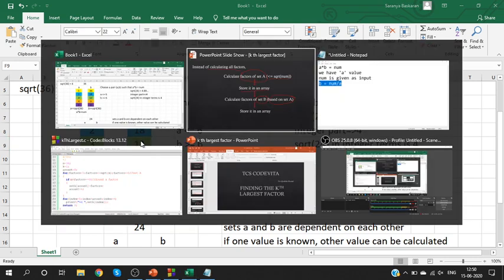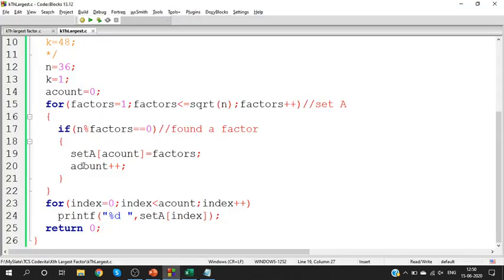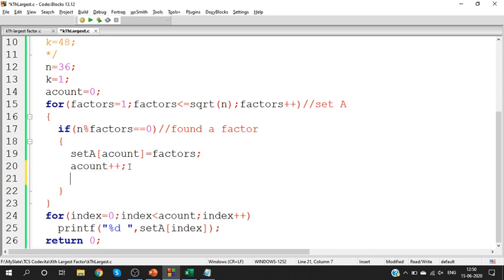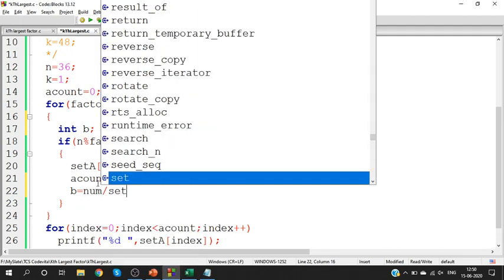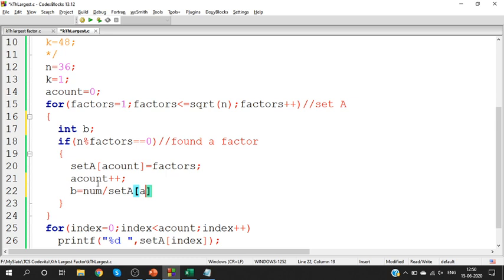Okay, so here whenever you have a value, calculate the B value. How will I calculate B value? Have a variable named as B. B is nothing but number divided by set A's value.